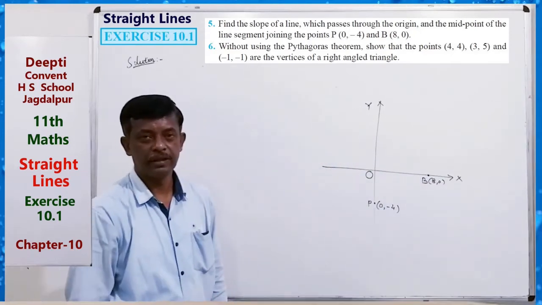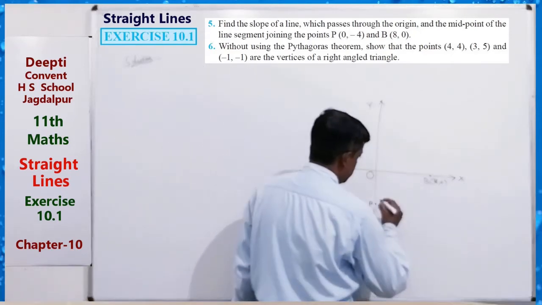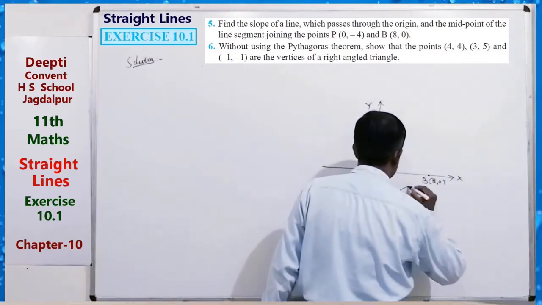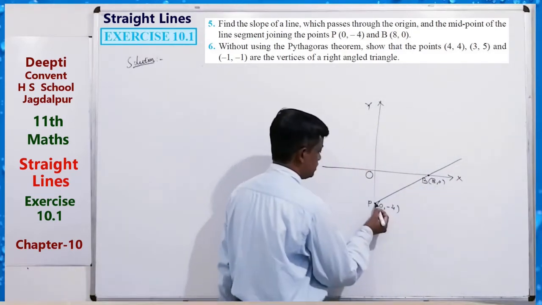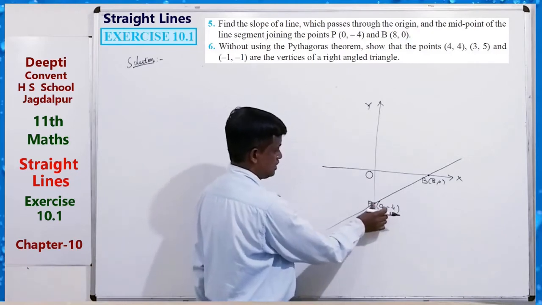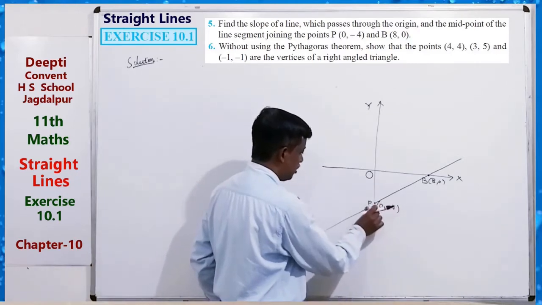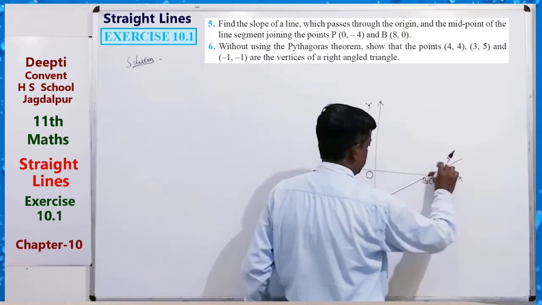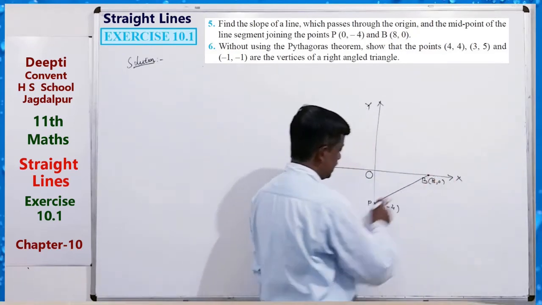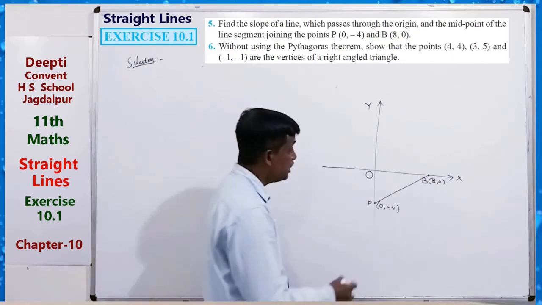Clear? Now this is the line segment PB, drawn like this, only the line segment.